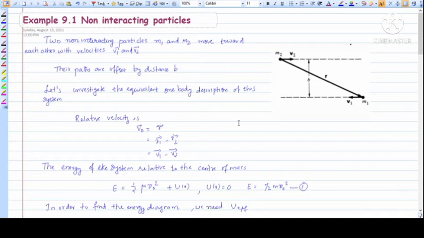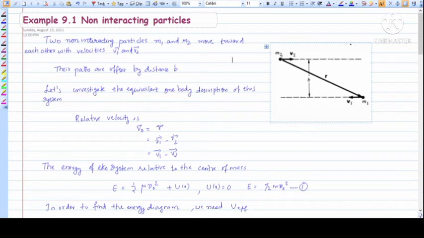So here the situation is two non-interacting particles of masses m1 and m2 move toward each other with velocities v1 and v2. Look at this picture. These are particles of mass m1 and m2.